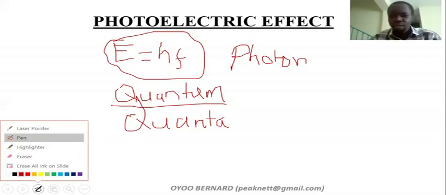There is a way that we can quantitatively measure the energy of a photon. And in this case, a topic like the particulate nature of matter will come in handy to help us understand the discrete nature of light, the photon.